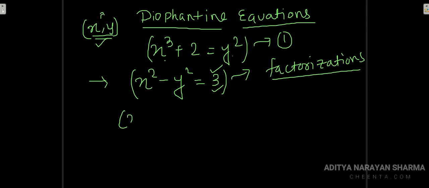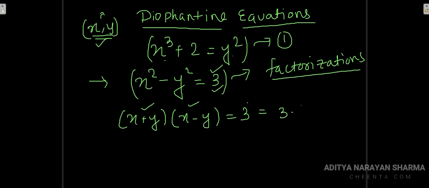Here we can say that (x plus y) times (x minus y), using the formula for a squared minus b squared, equals 3. So the product of two integers is 3. Now 3 is a prime, and 3 can be written in only one way, that is 3 times 1, if ordering is not taken into account, because you can also write this as 1 times 3, and there are no more representations possible.